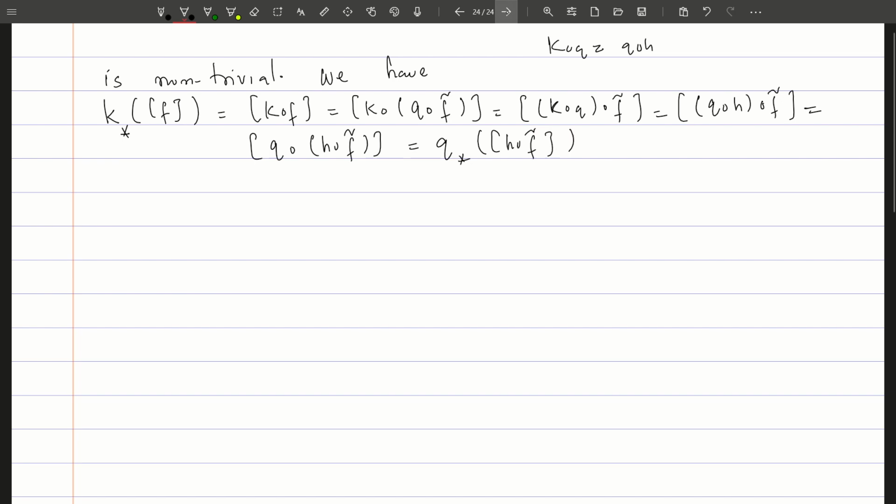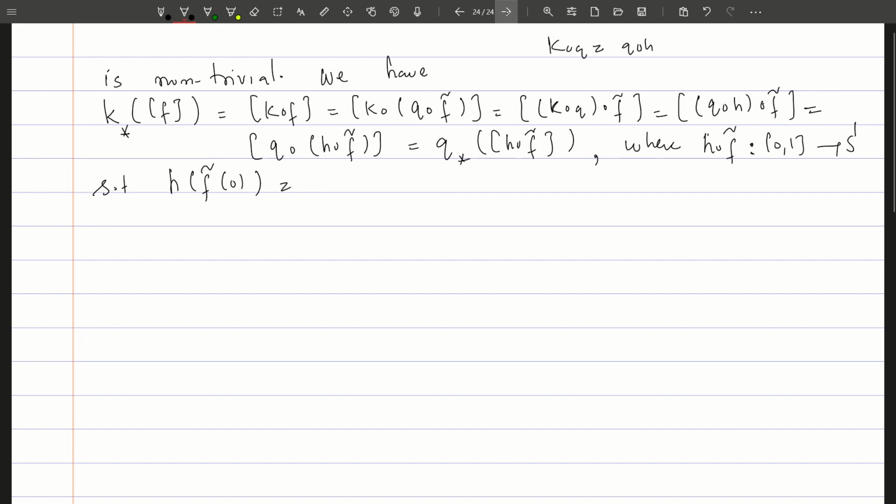And now this is where h of f tilde is a map from the interval 0 1 to S1 such that h of f tilde of 0 is b naught.